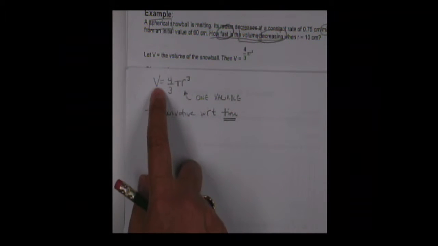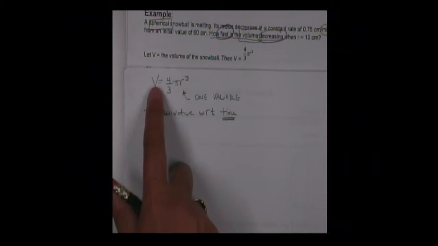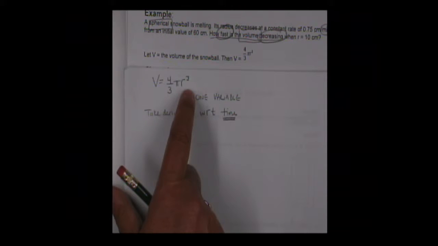Well, if I just take the derivative the way this is, if I think of my old derivatives, this really would be the derivative with respect to the radius. Because I do dy over dx, and so it'd be dV dr typically. What I'm really thinking of is the following.